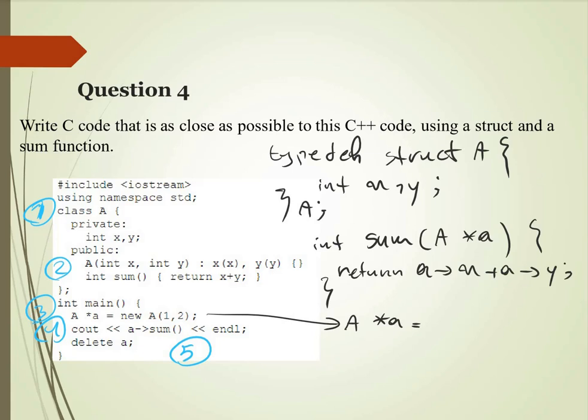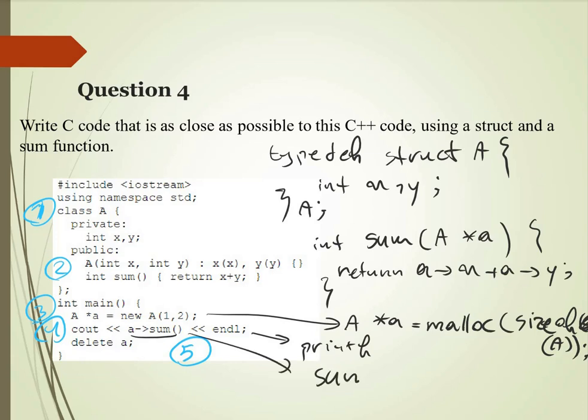Instead of new, I'm going to use malloc to allocate some space with the size of A. And for this cout, I'm going to use a printf with its argument, and it's important to change this A, say sum, to sum A, because this A is malloced here, so it's fine.